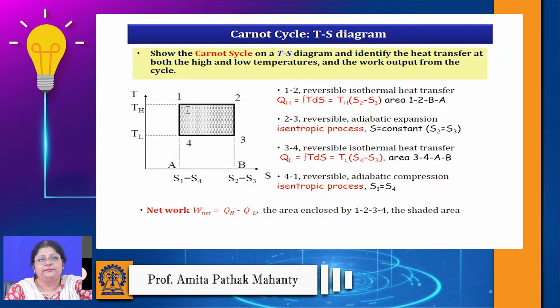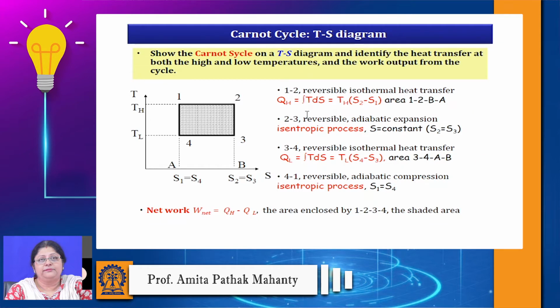And what will be the entropy change for that particular process? Here it's a reversible process, a reversible cycle, so delta S equals Q reversible by T, right?